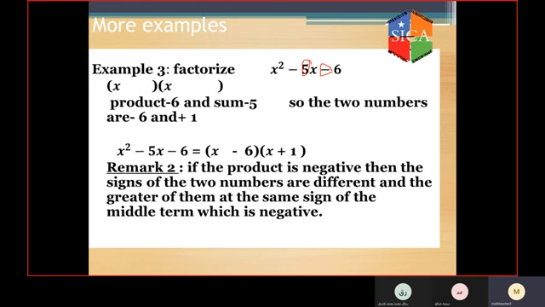And this remark says: if the product is negative, then the signs of the two numbers are different, one negative and the other positive, and the greater of them takes the same sign as the middle term, which is negative in this example.